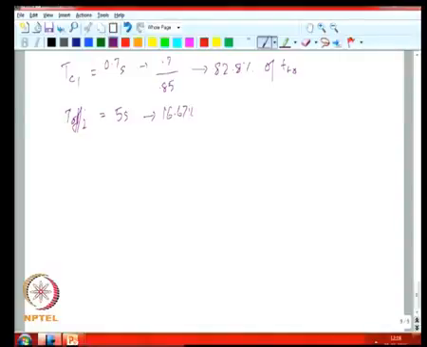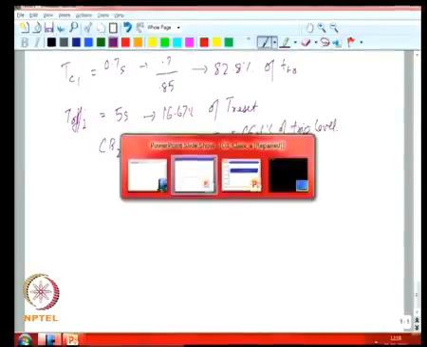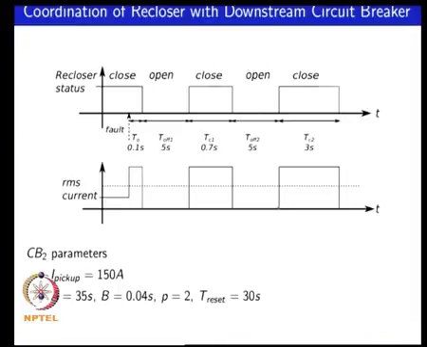So, if you look at your circuit breaker, at the end of your second T off duration, at this particular point over here, you are now about 66% of your trip level in your circuit breaker.